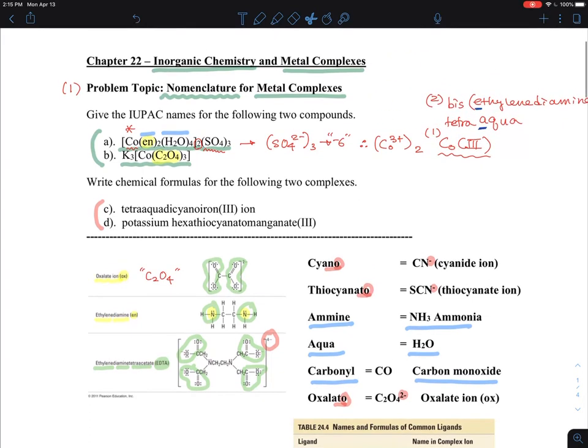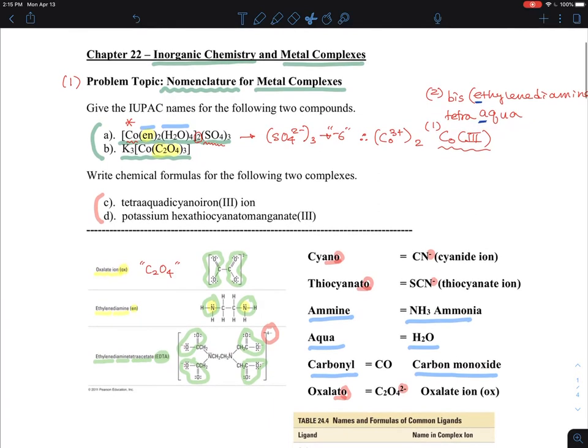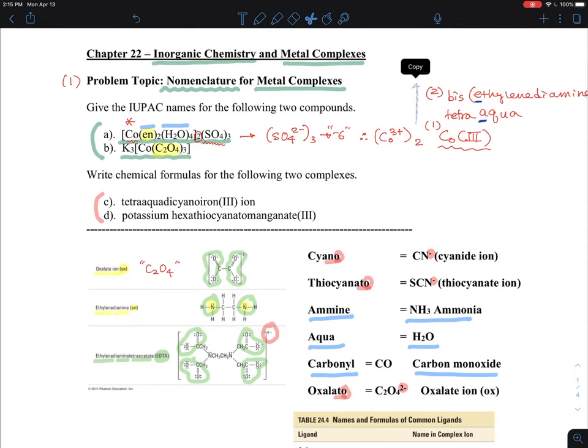Okay, and then by combining these 2 together, you are going to say, okay, so the answer is... It's probably pretty long, so I'm going to start from here. Tetra aqua bis ethylene.